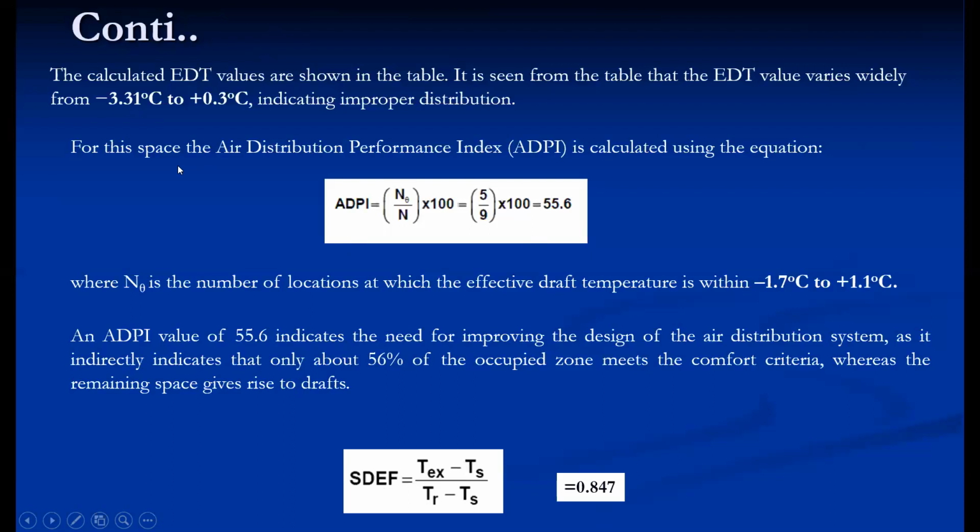These are the performance parameters which investigate whether the air distribution system is effective or not. If it is not effective, then modifications are made in the air distribution devices.